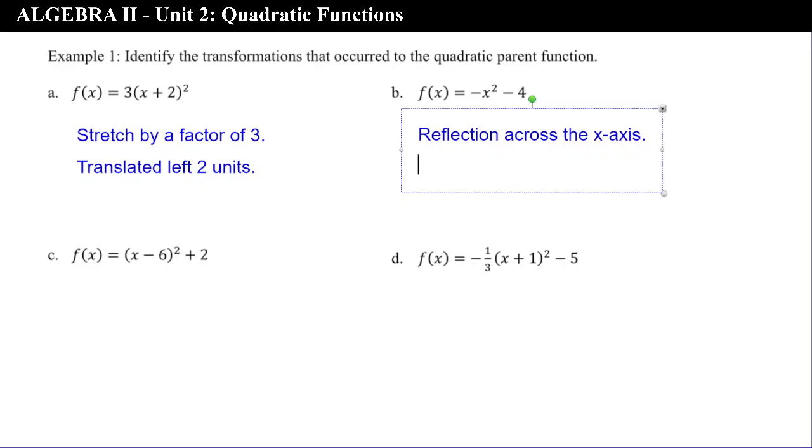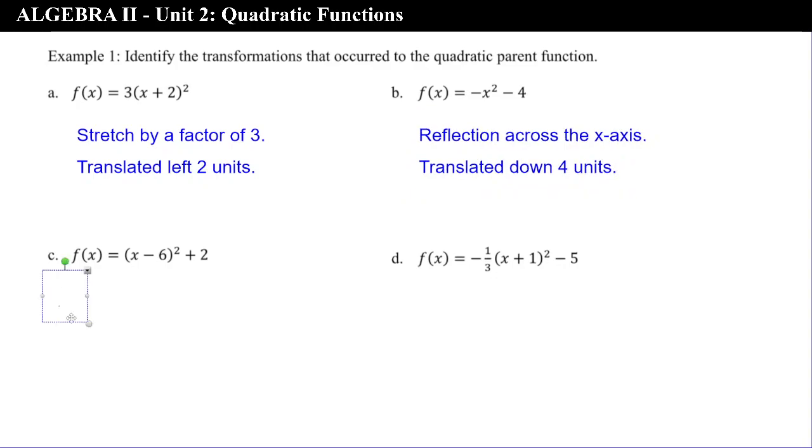Then the minus 4 on the end comes after the squared part, so we have a translation up or down, and since it is negative, we're translated down 4 units.